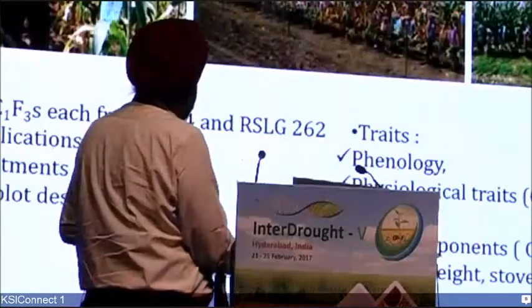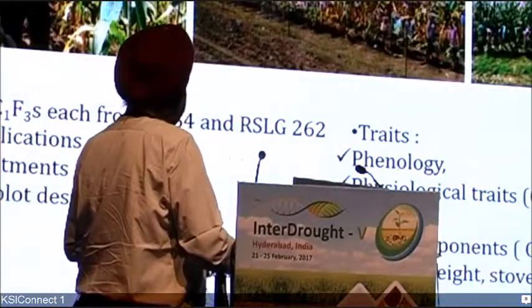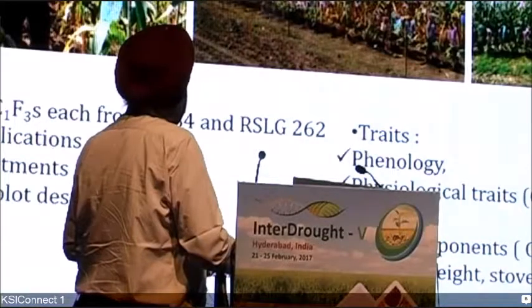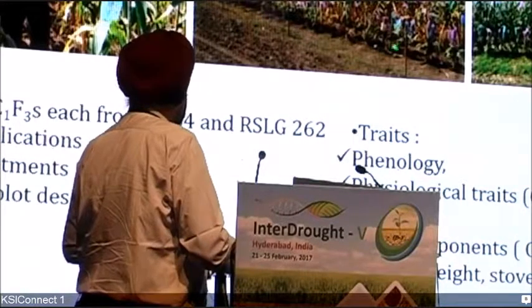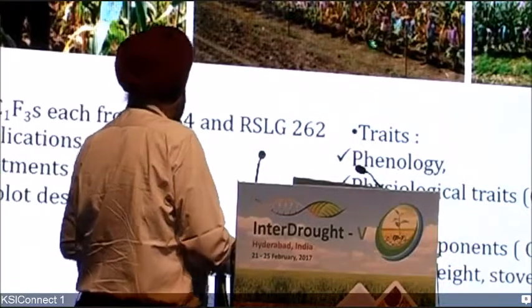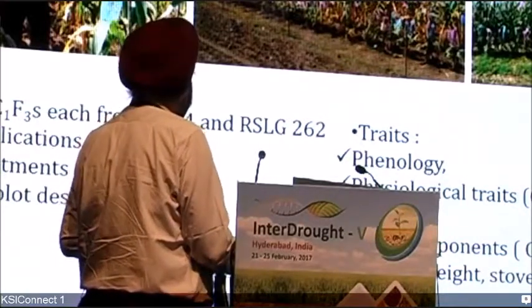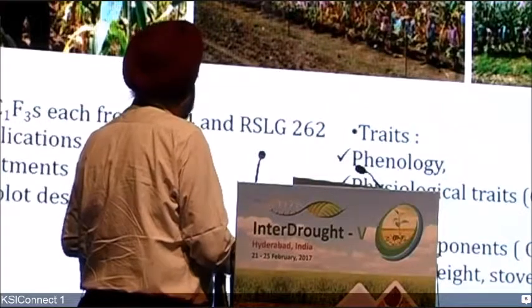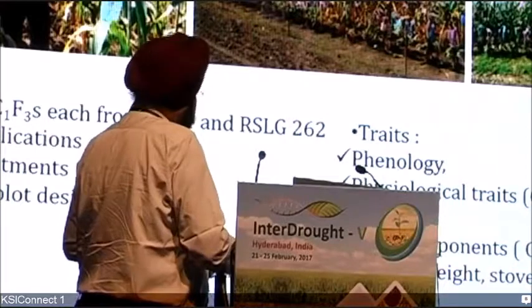This is still not stable, but some early generation progeny we evaluated at only one location. This is just preliminary data, in backcross 1 and F3 generations. The trials were conducted in both water stress and well-watered conditions.